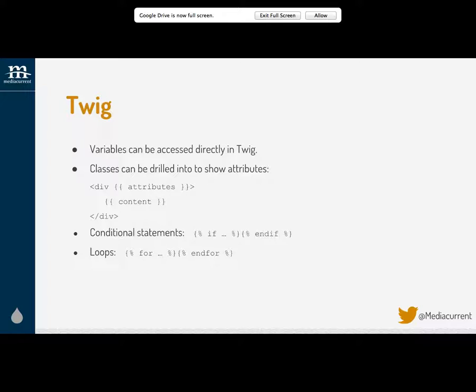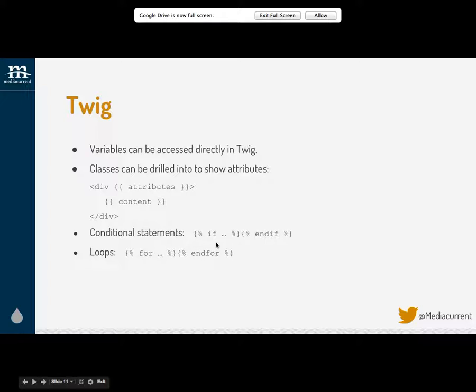So, as I said, variables can be accessed directly. And I'm just showing you here the content variable, which is very common in your node template. This will print all your content. You can also drill down into that. I'll show you that later. And then the div here, if you put div attributes, it will print the classes that are associated with that. And then, as I said, there are conditional statements.